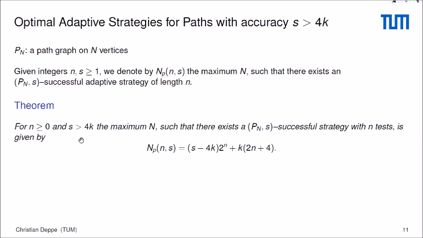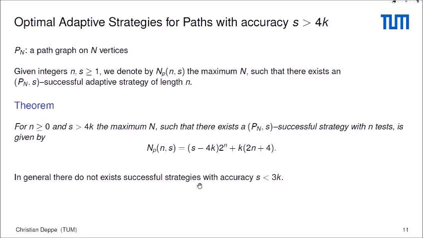For s greater or equal 4k, again we have this generalized splitting algorithm, and we can show that this is optimal. But what is different here is that we can only show that there does not exist a successful strategy with accuracy smaller than 3k. So there's a gap for s between 3k and 4k. And what happens for s between 3k and 4k?